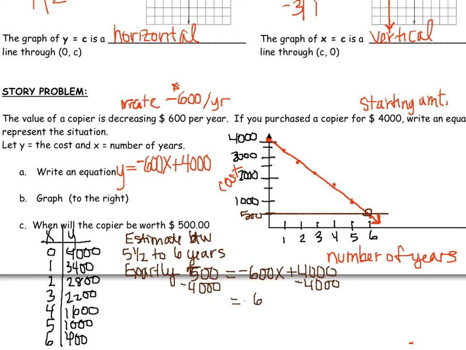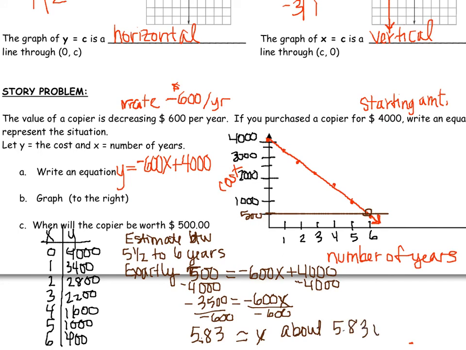So I have negative 600x equals 500 minus 4,000, which is negative 3,500. Divided by negative 600 on both sides. So x is about equal to, because I'm going to have to do a little rounding here, 5.83. So we've got about 5.83 years. And that's really in the range that we talked about, 5.5 to 6 years.